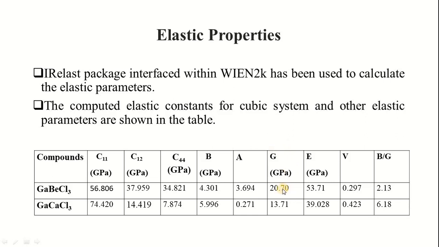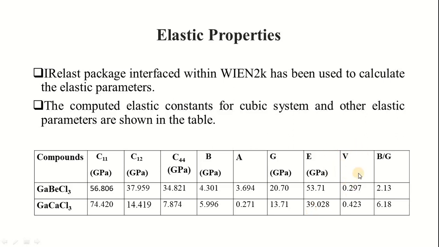Similarly, for shear modulus, the first compound gave us the value of 20.70 and the second compound gave us 13.71. The Young modulus for the first compound is 53.71 and for the second compound is 39.02.